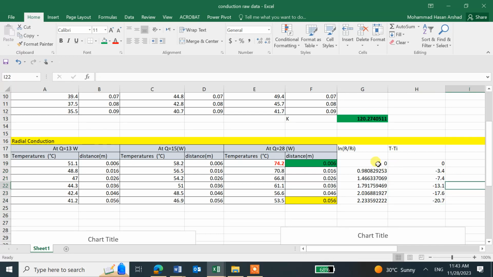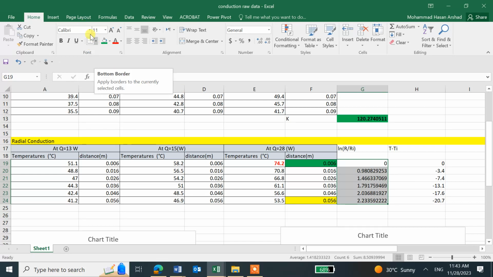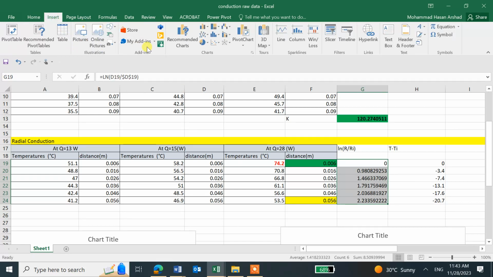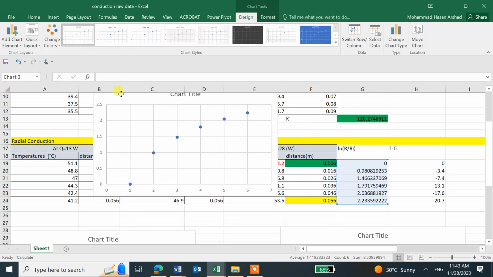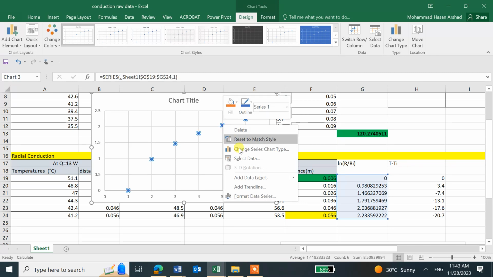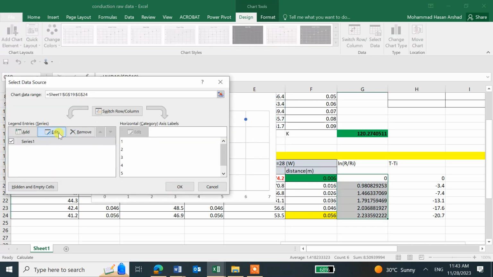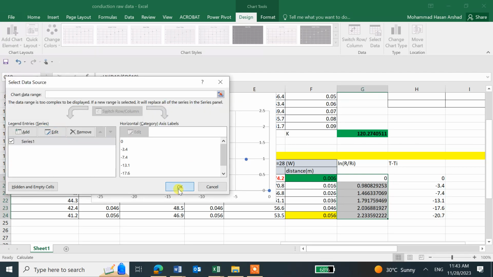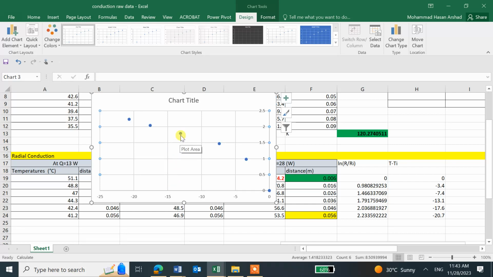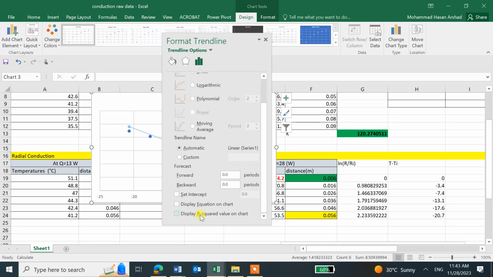What we need to do is plot this ln r as y, and then we have the x axis ti. Perfect. Now add the trend line and display the equation.